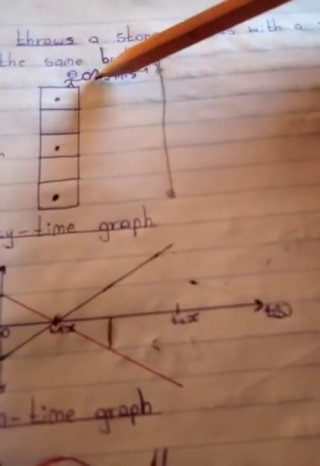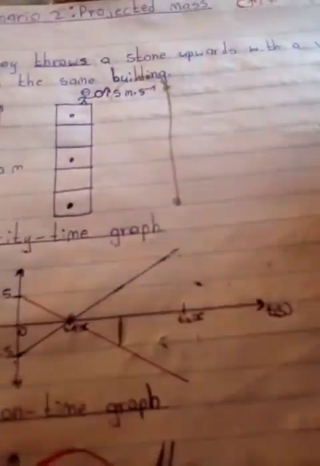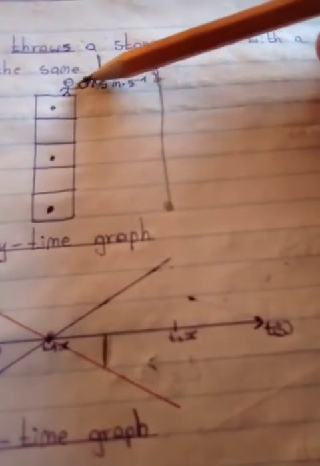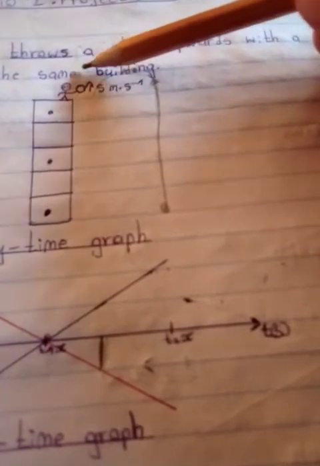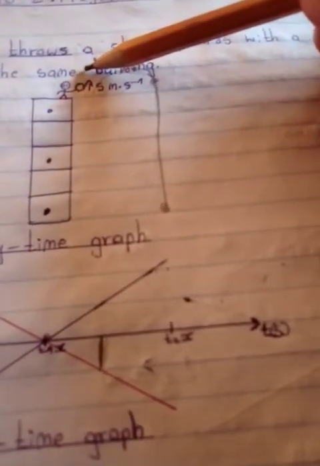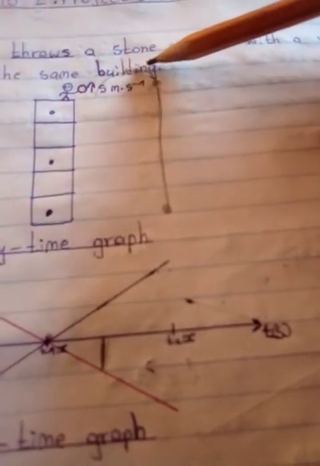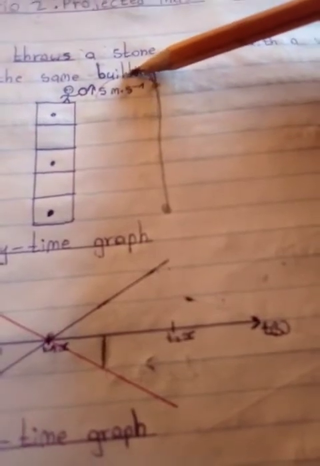And remember, the displacement here is 0. Why is it 0? Okay, let's say your ball moves a distance of 10 meters, positive 10 meters upwards, and it comes to a maximum height here.